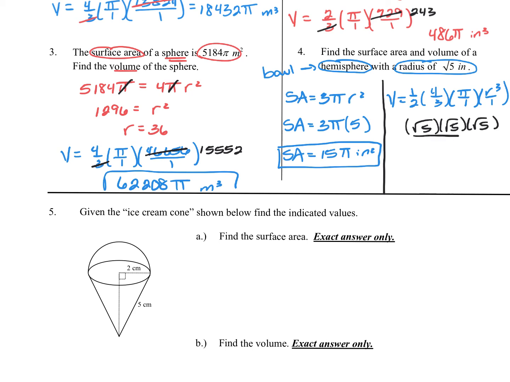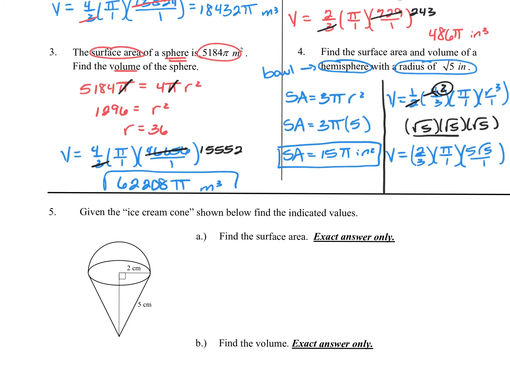These are going to give us a 5. So when I plug this in, I'm going to go ahead and reduce that right there. So my volume is going to be 2/3 pi, and then the radius cubed becomes 5 radical 5.